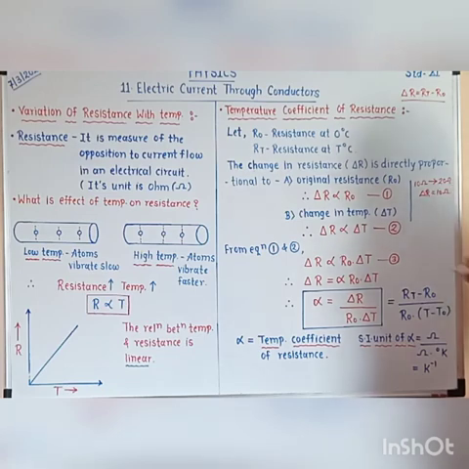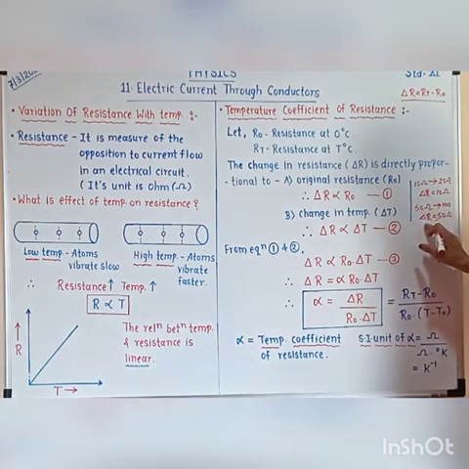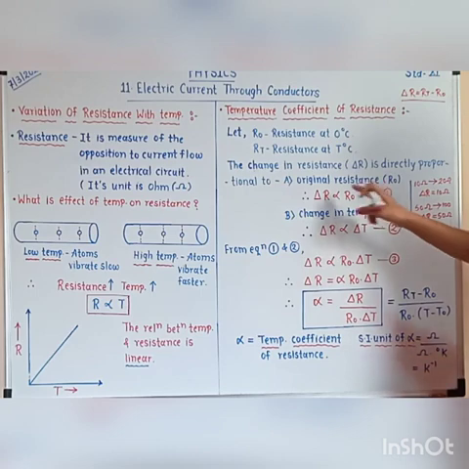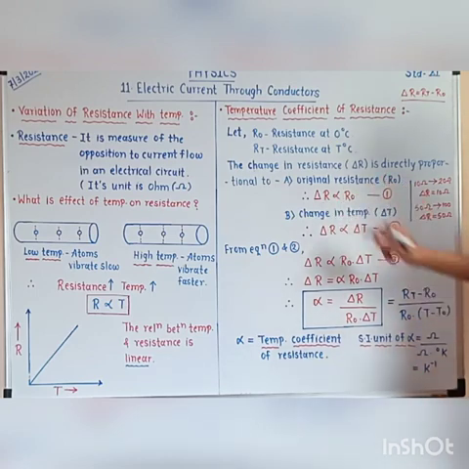In the second example, if original resistance is 50 ohm and we increase it up to 100 ohm, then delta R is equal to 50 ohm. That means if original resistance increases, change in resistance also increases, and if it decreases, change in resistance also decreases. So delta R is directly proportional to R0. This is your equation number 1.